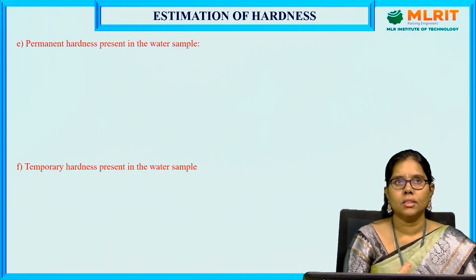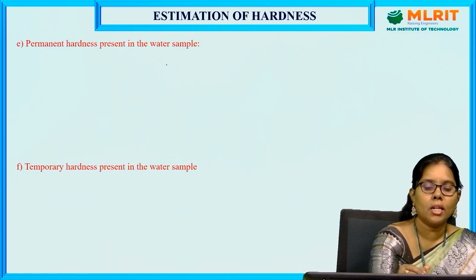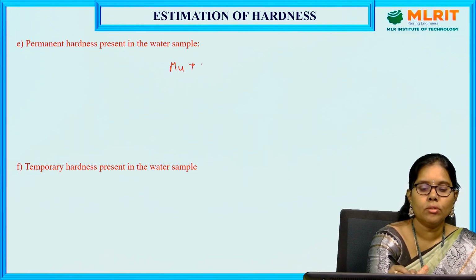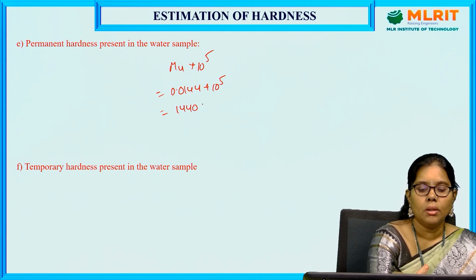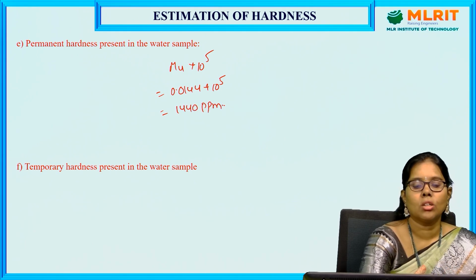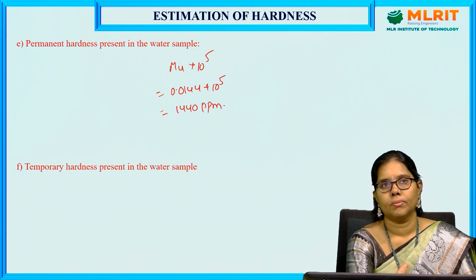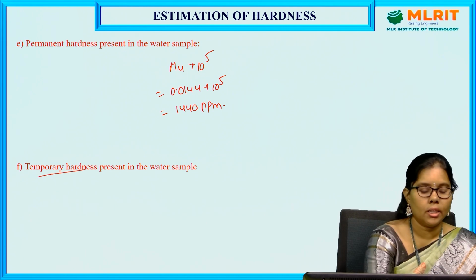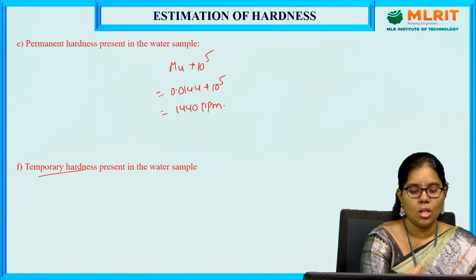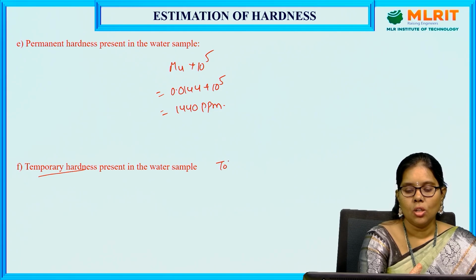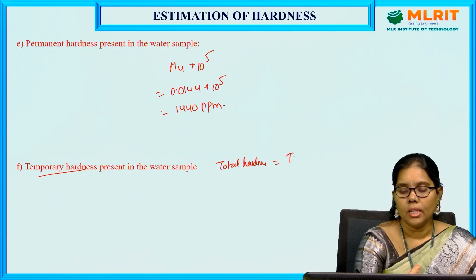Permanent hardness, just now we have calculated. The permanent hardness is M4 into 10 to the power of 5. The M4 value is 0.0144 into 10 to the power of 5, which is 1440 ppm. This you got after boiling. How will you get the temporary hardness? Total hardness is the combination of temporary and permanent.